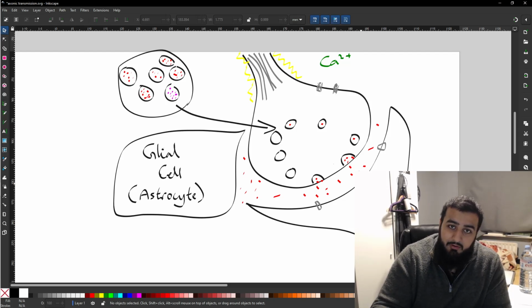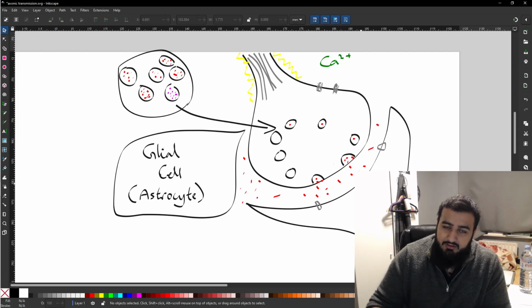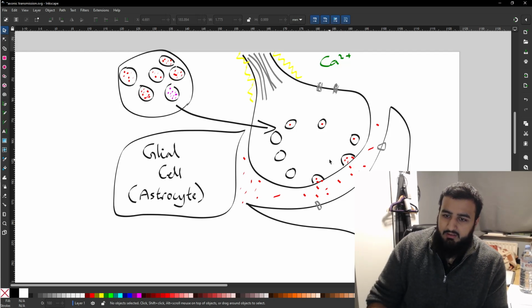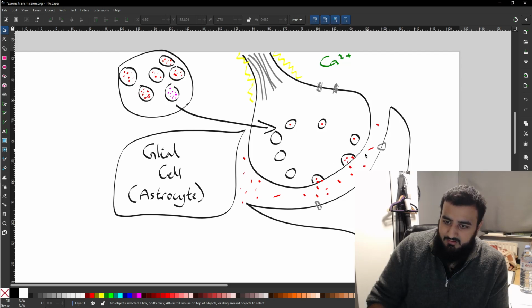Again, GABA is the major inhibitory neurotransmitter among other inhibitory ones, and glutamate is the major excitatory neurotransmitter. So we'll say that the dispersal of the neurotransmitter is throughout the synaptic cleft.